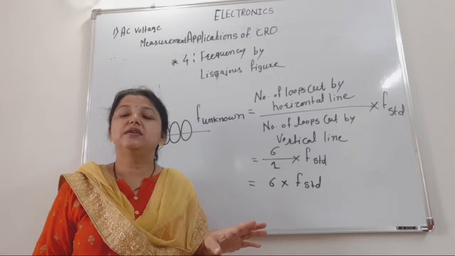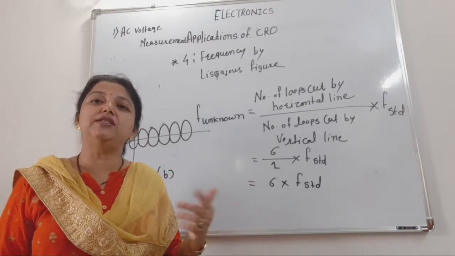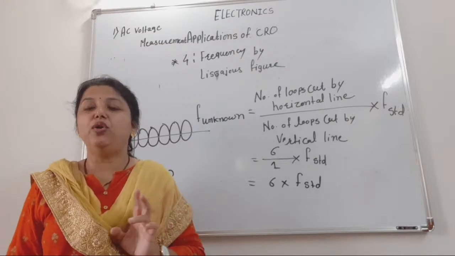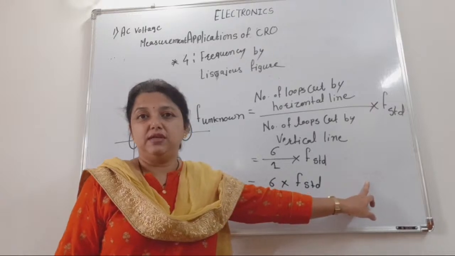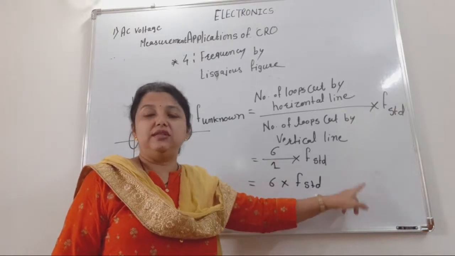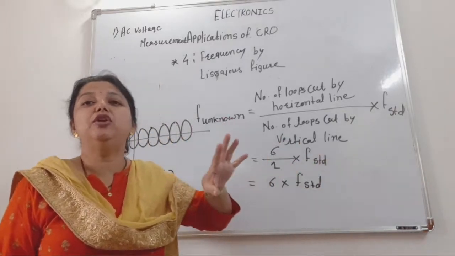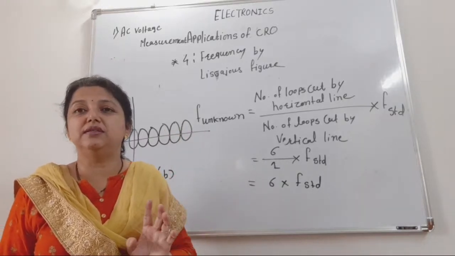Suppose we see an ellipse on the screen of the CRO, then also the frequency of both the signals remains the same. Only there is a phase difference, and I told you what the phase difference is. How much phase difference there is, we cannot get by using this method, but we conclude that there is a phase difference between the two signals.